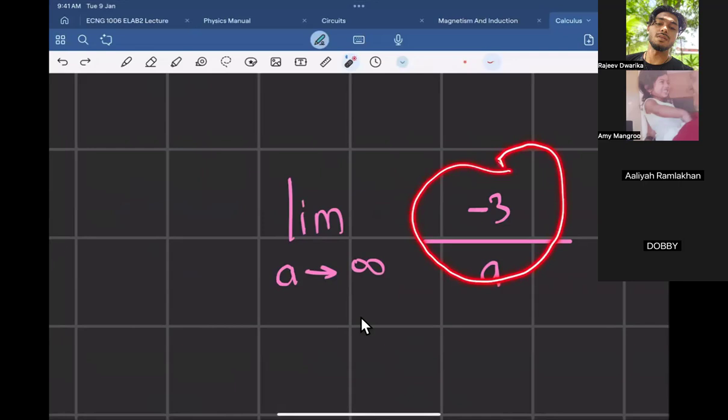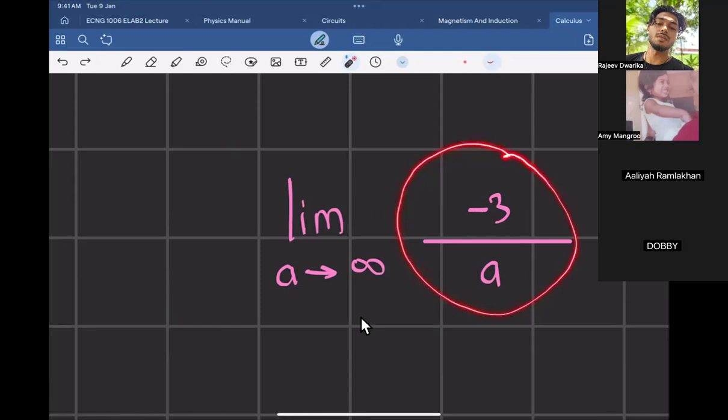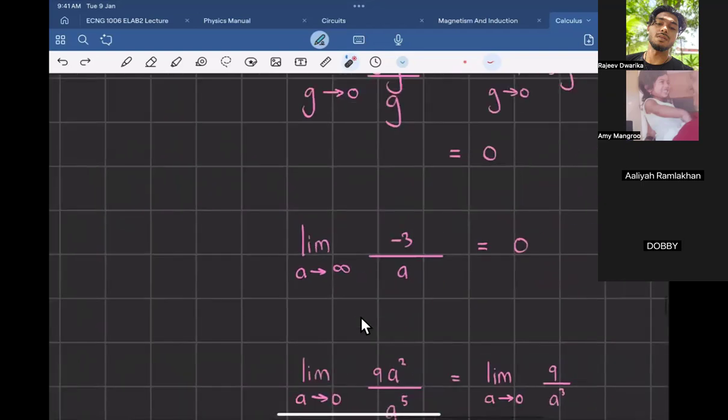No. If the money in my wallet gets smaller and smaller and smaller, eventually how much money do I have in my wallet? Zero. So this fraction would eventually become zero, because again it's getting smaller and smaller. It wouldn't be infinity, right?